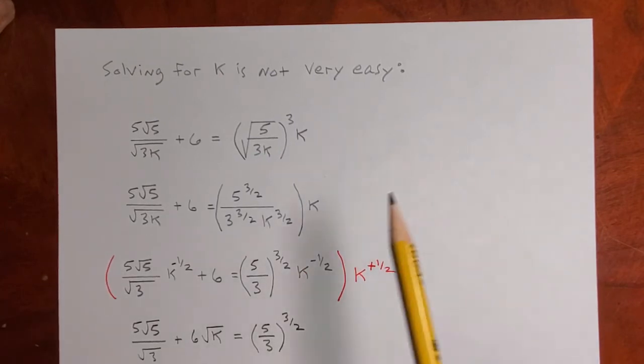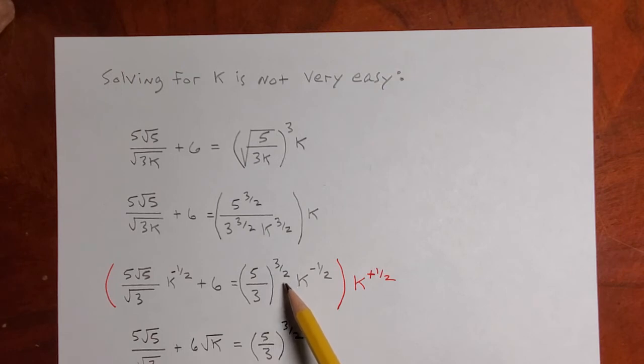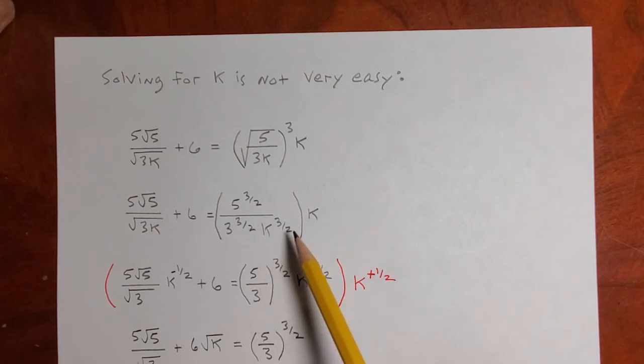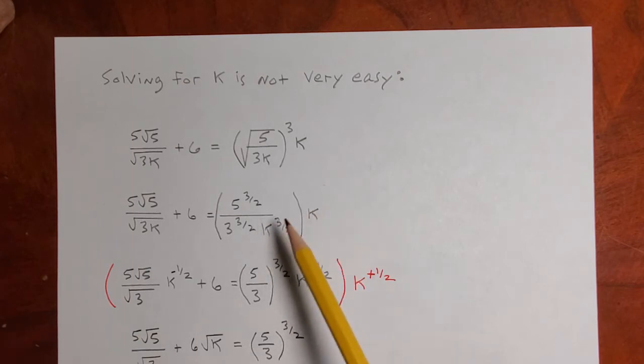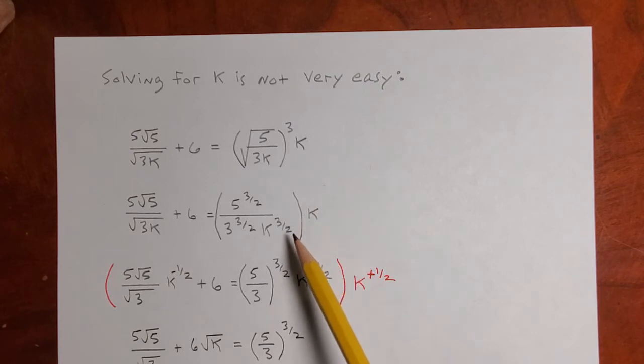Then I thought I would collect some of the like terms, like 5 and 3. Those are both numbers. And so we'll say, well, 5 over 3 both has the power of 3 over 2. And then k and k, those are like numbers too. And the rule is when you divide something by itself with different powers, we subtract the power. So this would be 1 minus 3 over 2. So that's negative half power for k.